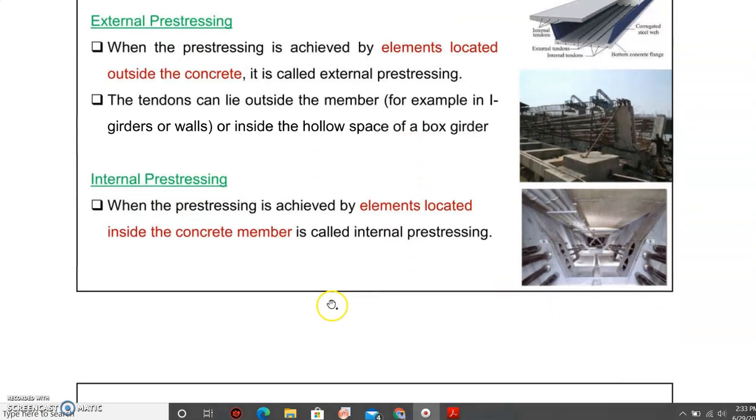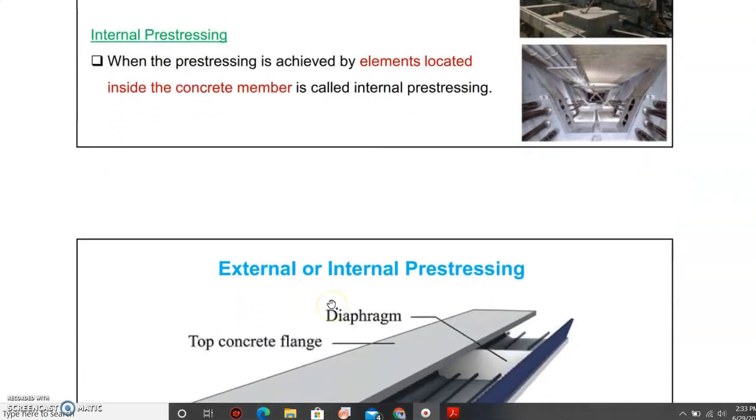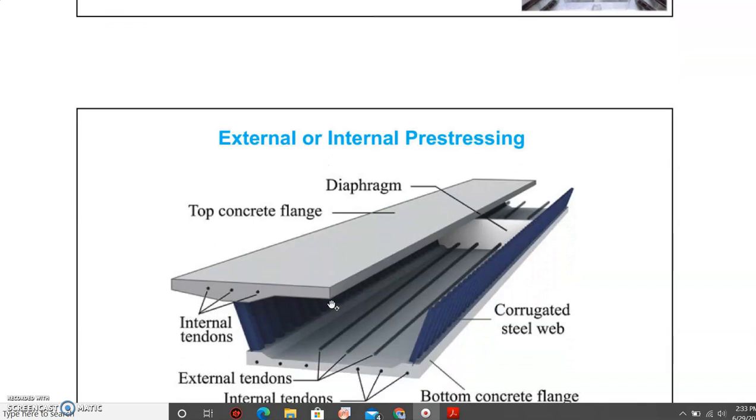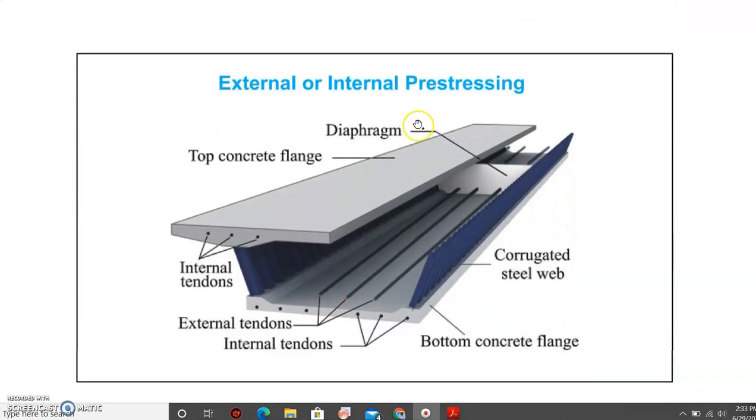In the next picture you can get a clear idea. The entire section is a box girder. This is the top flange and bottom flange, the corrugated steel web, and this is a diaphragm, the cross diaphragm. At the top concrete flange, you can see the internal tendons.